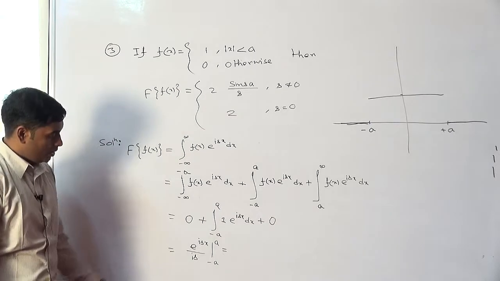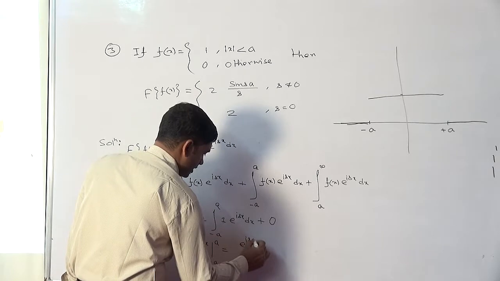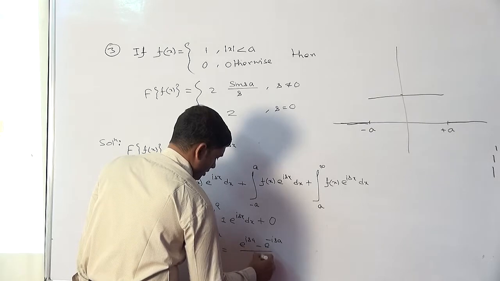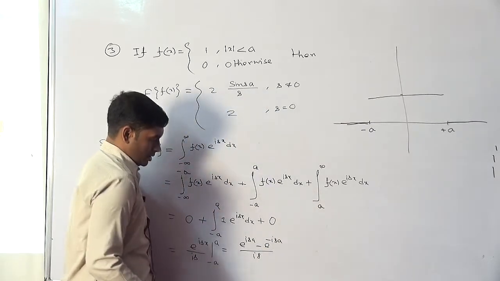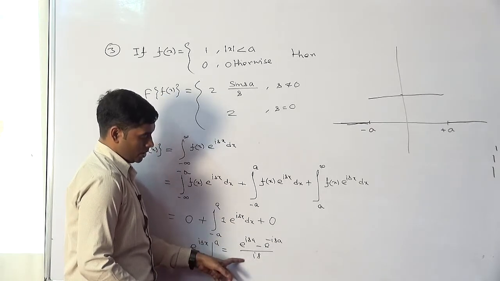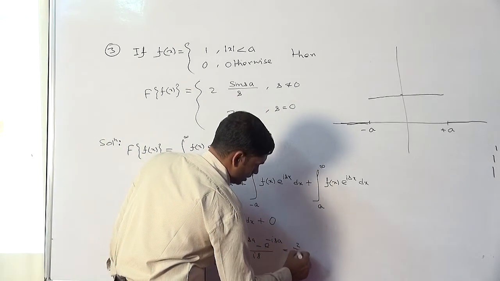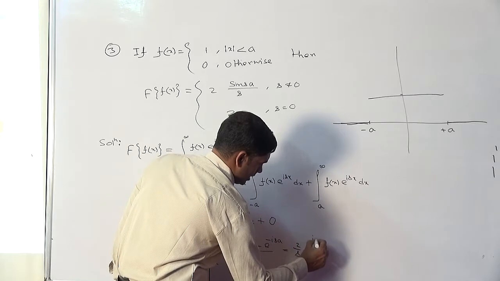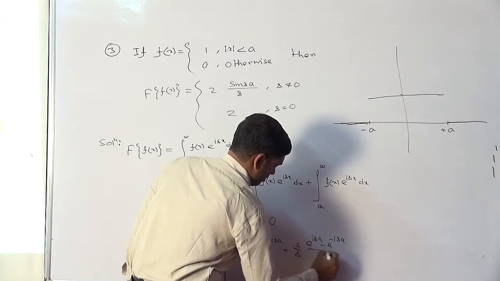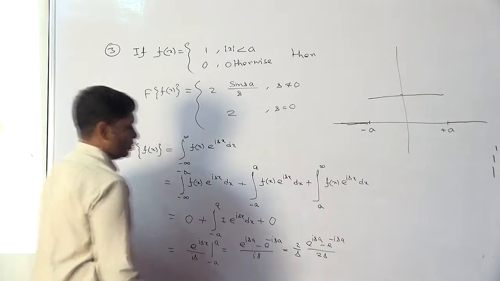Okay, now we first put the limit x equal to a, so it will be e to the power isa minus e to the power minus isa, over is. Now if we try to write this in a sine function, then we can write this as 2 by s times e to the power isa minus e to the power minus isa, over 2i.